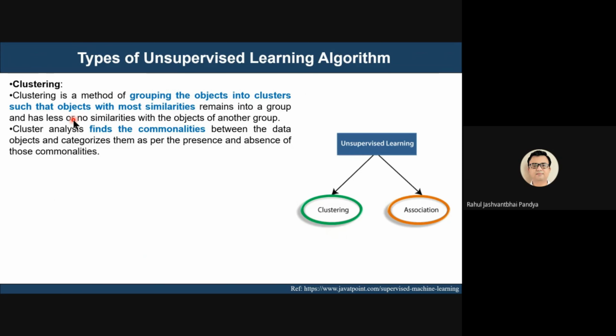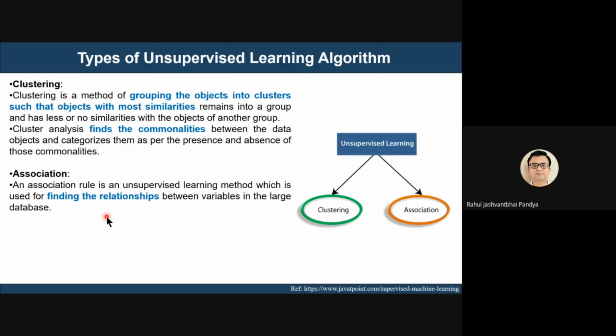Clustering analysis finds the commonalities between the data and categorizes data objects as per the presence and absence of these commonalities. Whereas on the contrary, association rule is an unsupervised learning method which is used to find the relationships between the variables in a larger database.